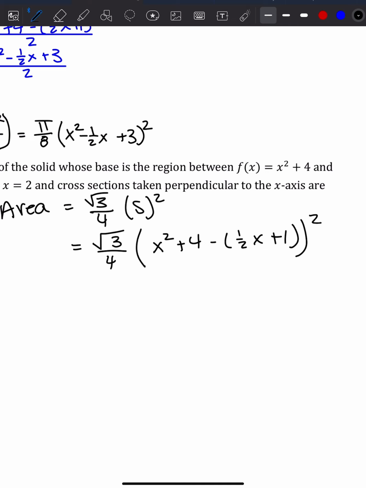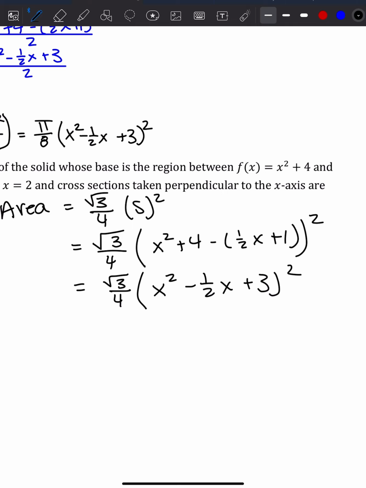But we want to square it because it's our side length squared. I can once again simplify what I have, and we know that it's going to be x squared minus 1/2 x plus 3 squared because we distribute that negative, simplify the singular numbers. 4 minus 1 is 3. We can rearrange it, so all those things give us this exact same thing.